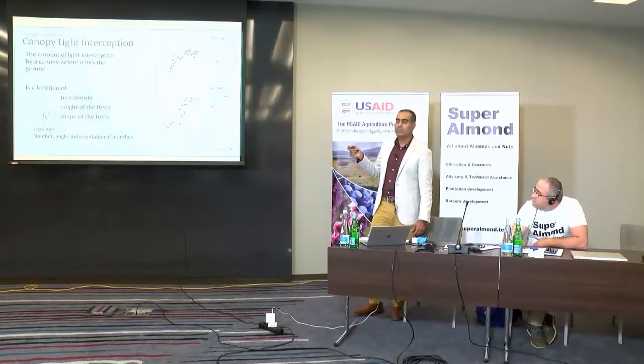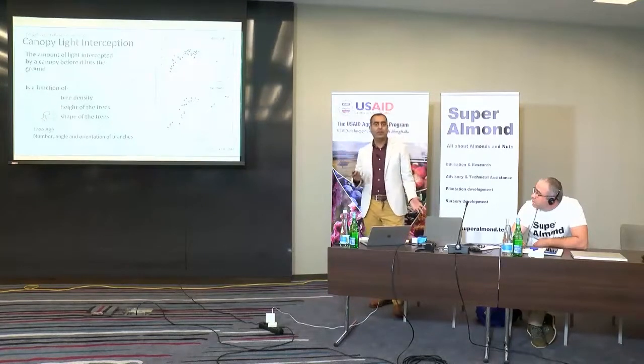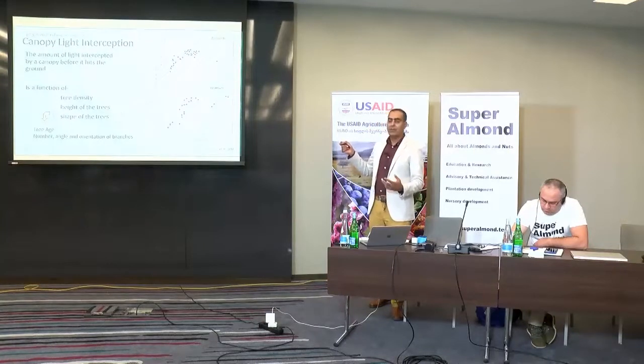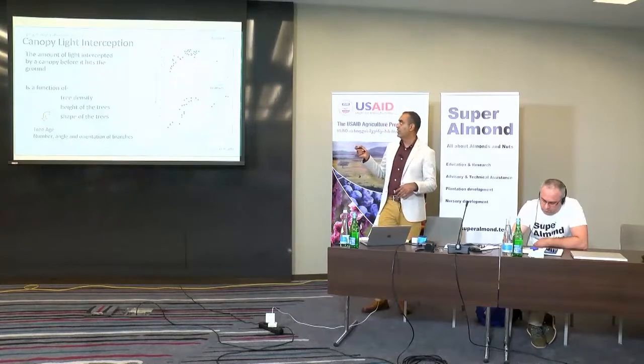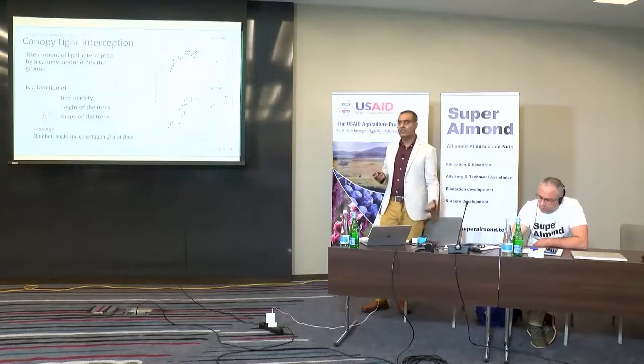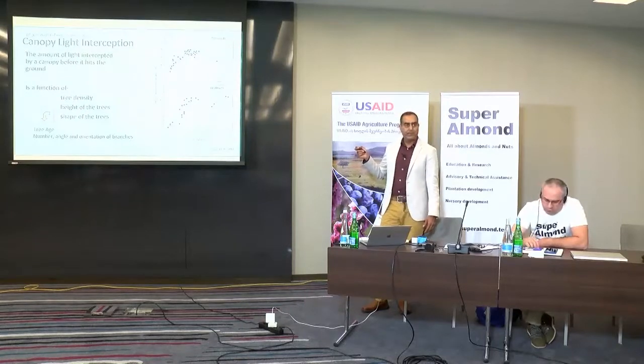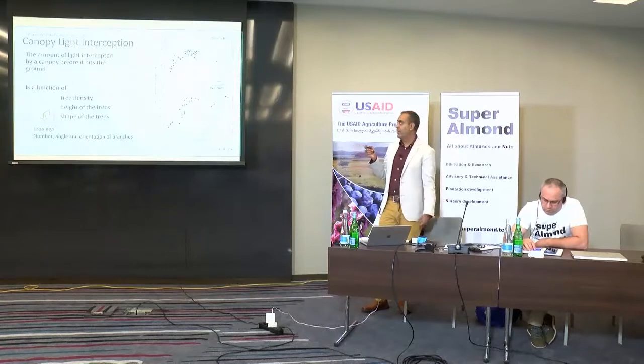And then as the trees get older, some trees fall over, some limbs break, and there's a lot more light again, so the canopy light interception starts declining. Our goal for the orchard design should be to maximize this potential to get to this point early on and then stay there for maximum production.